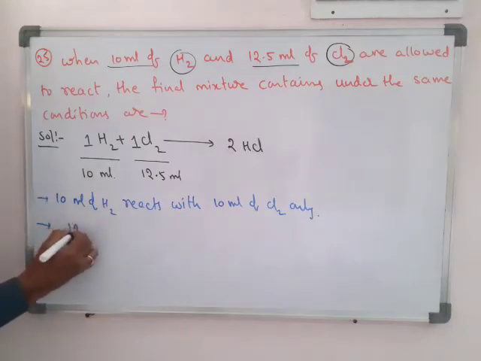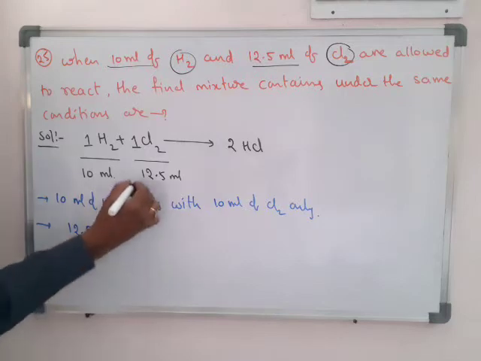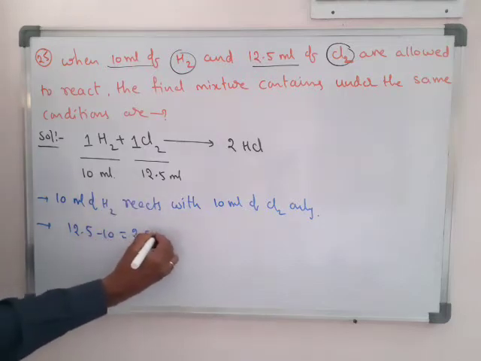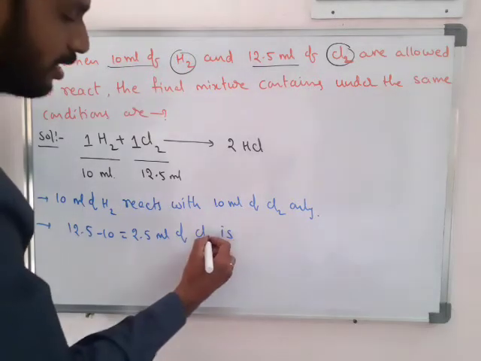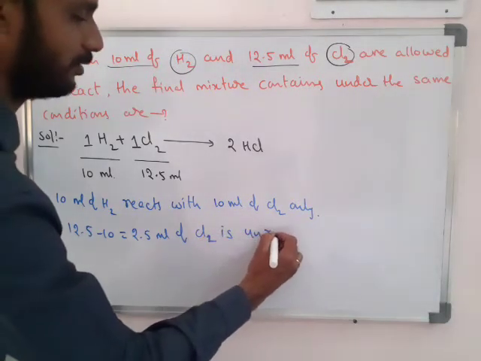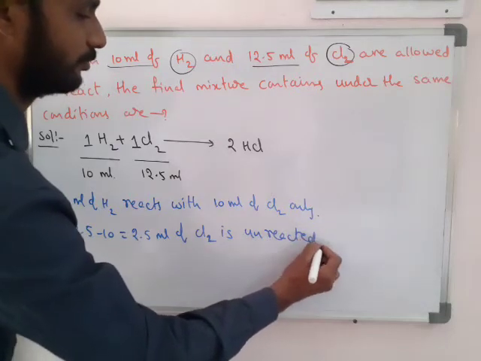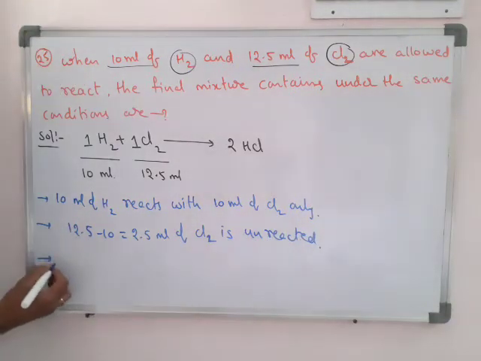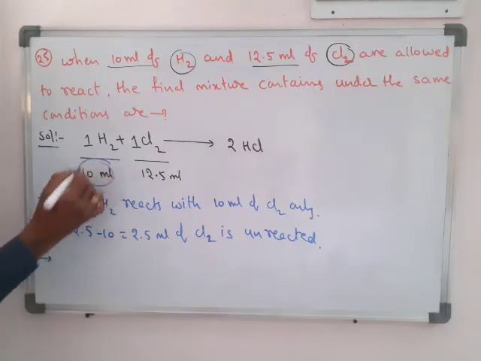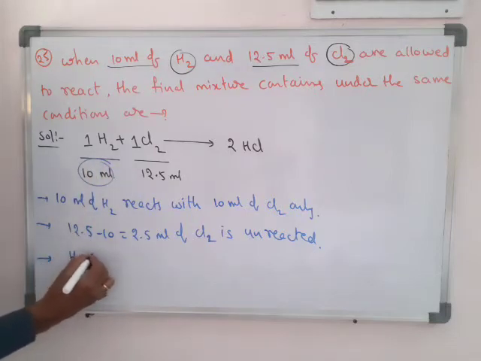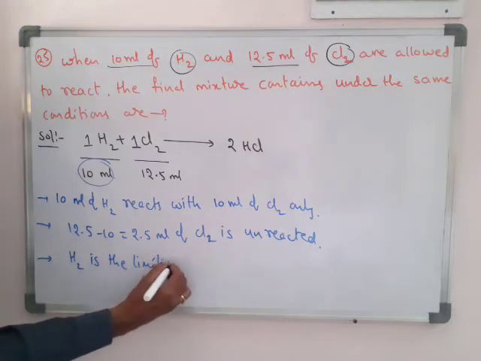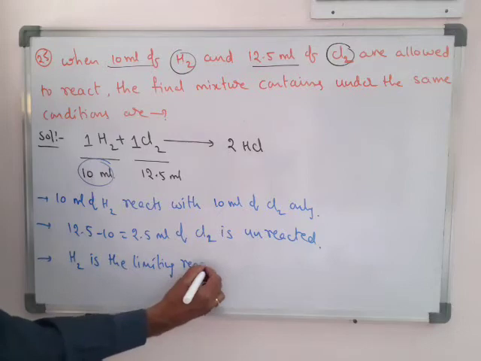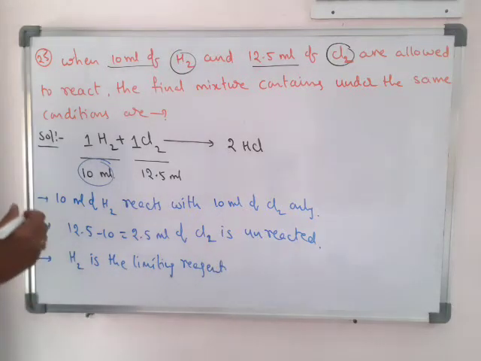So 12.5 minus 10 means 2.5 milliliters of chlorine remains unreacted. Therefore we have to take this as the limiting reagent. Therefore H2 is the limiting reagent. With the help of H2 we have to do the problem. Okay.